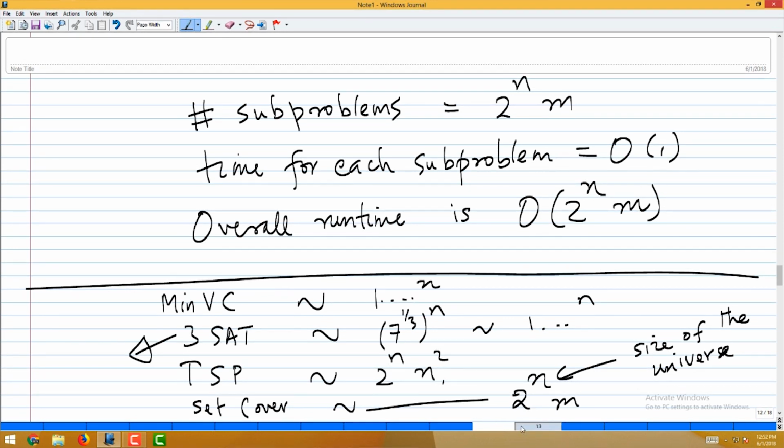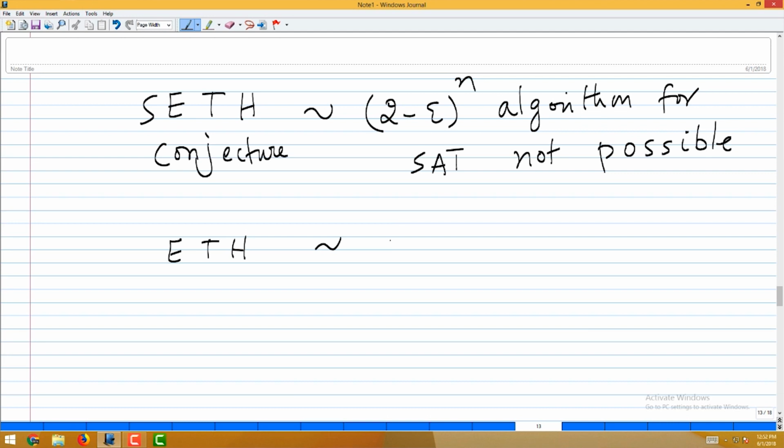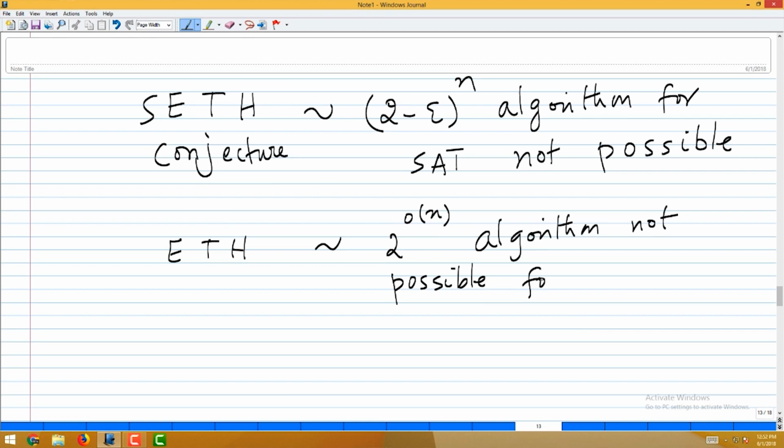And that is, a 2 power little o of n algorithm is not possible for 3 SAT or any bounded SAT. Again, this is a conjecture. And these are some rough statements, not exact statements of these conjectures, but I am just translating them the way we want.